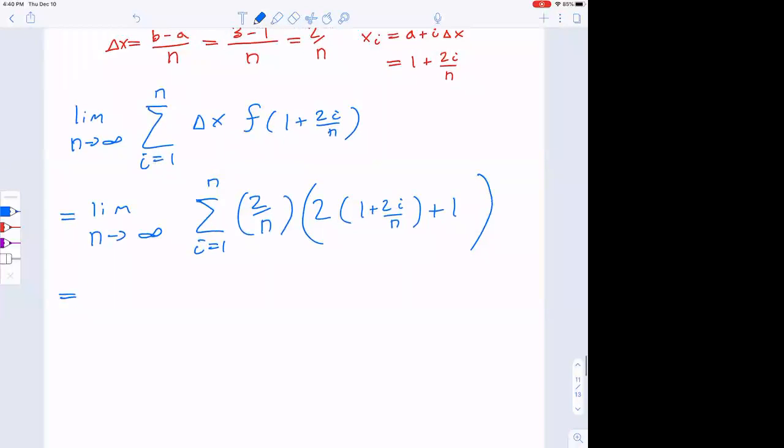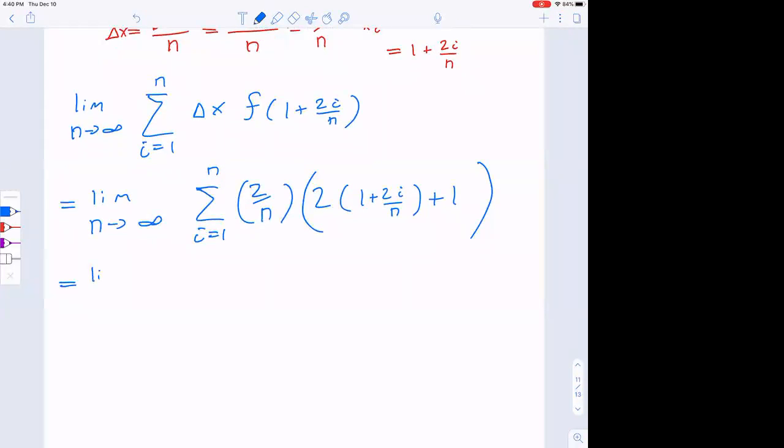Okay, so from here, let's do a little bit of simplifying. We have the limit as n goes to infinity of the sum from i equals 1 to n. Let's try to maybe write this out with different terms and combine the like terms. So maybe the 2 over n is fine, but then inside of the brackets, we'll simplify things a bit.